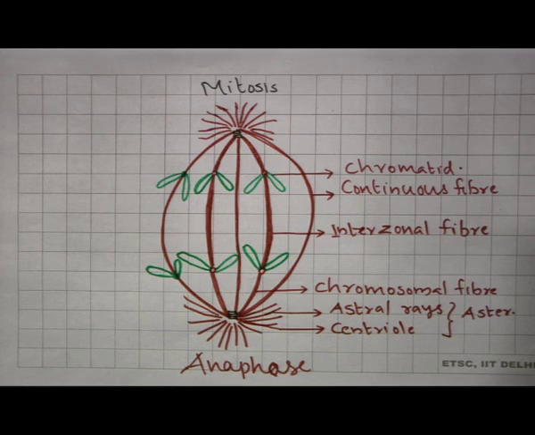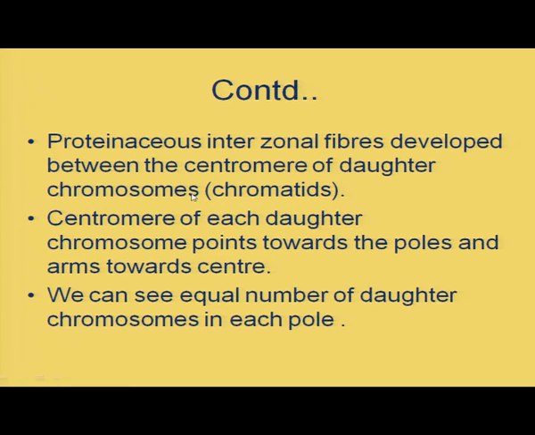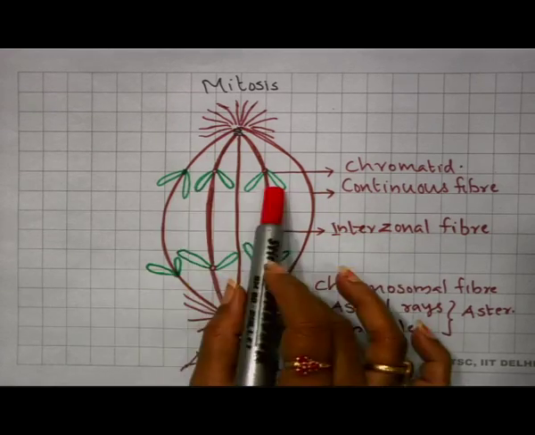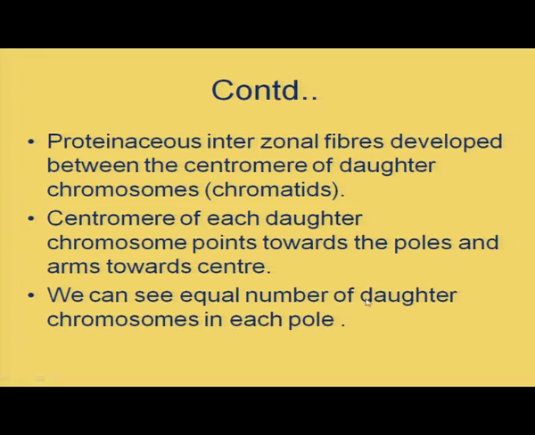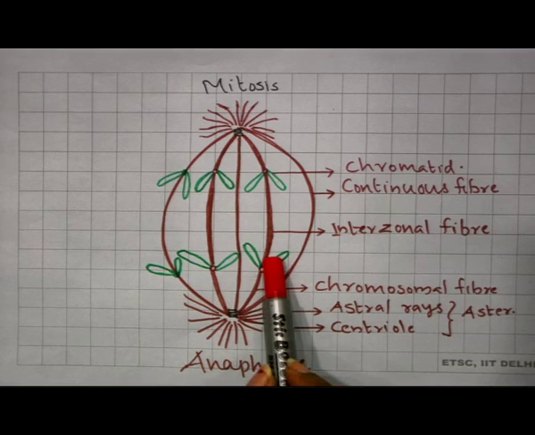The proteinaceous interzonal fibers develop between the centromeres of daughter chromosomes. Daughter chromosomes we will call chromatids. Centromere of each daughter chromosome points towards the poles. See, here you can see centromeres are pointing towards the poles and arms are pointing towards the center. We can see an equal number of daughter chromosomes in each pole. Here also you can see 3 in one pole and 3 in the other pole.